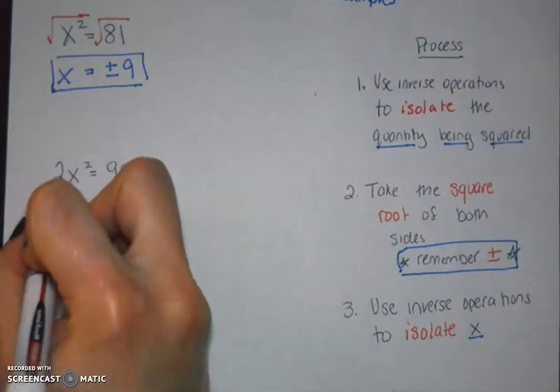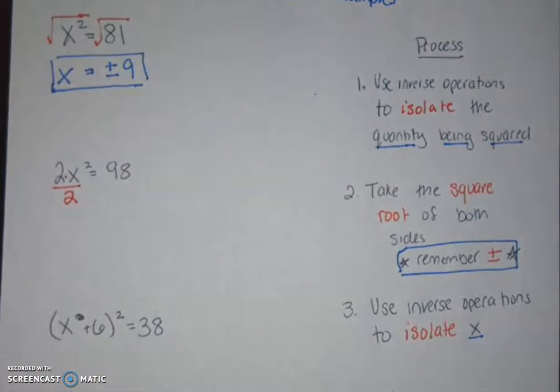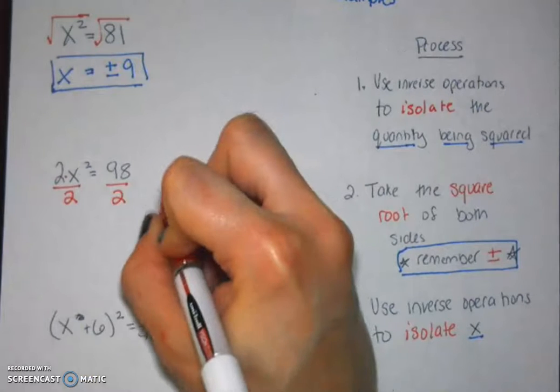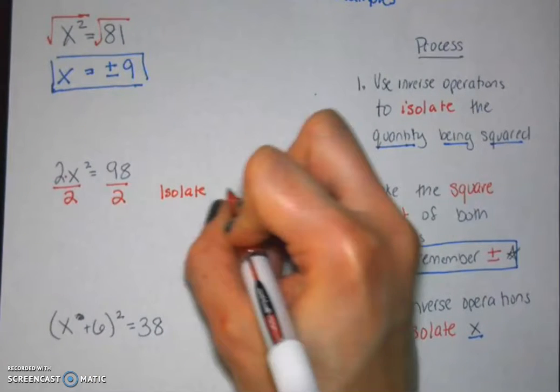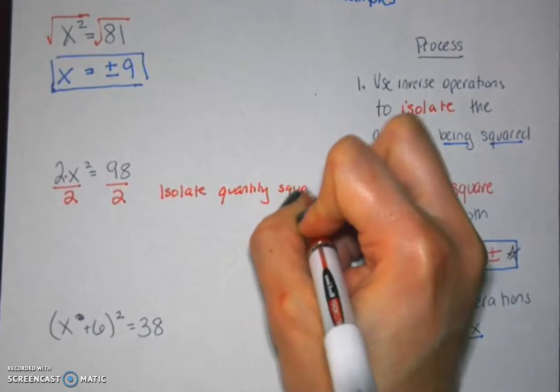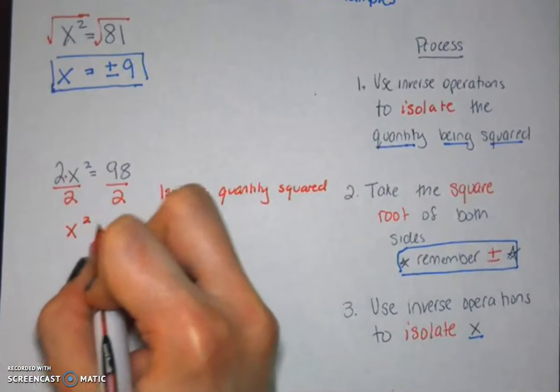So I can divide by 2, because remember that's multiplication, so the opposite of multiplication is division. This was isolate the quantity squared. And we're going to get x squared equals 49.